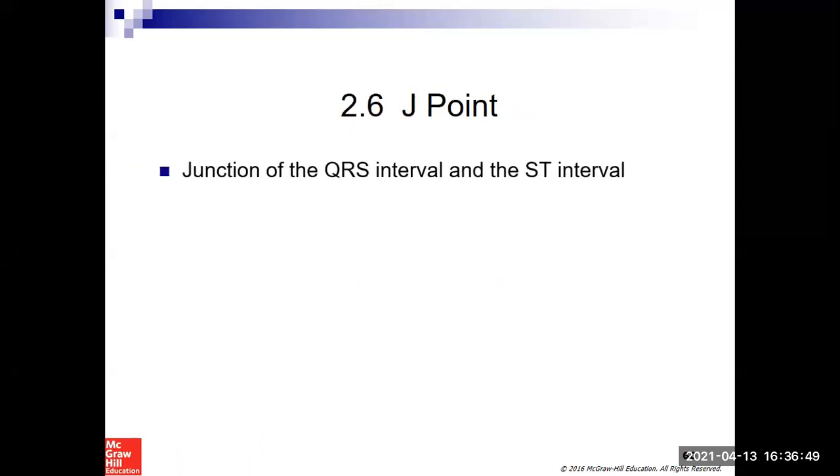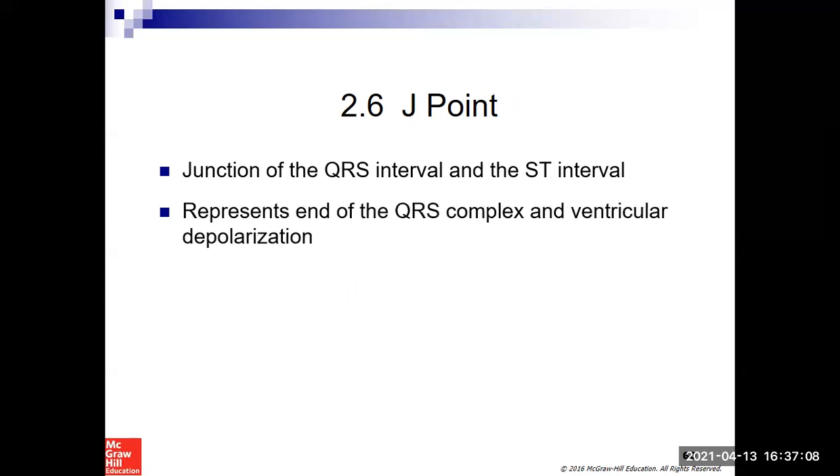Your J point is the junction of the QRS complex and the ST segment. It's a junction between the two. It represents the end of your QRS complex and ventricular depolarization.